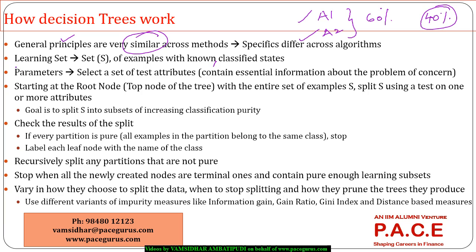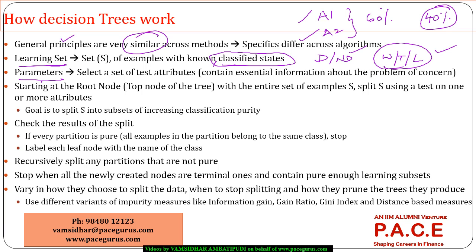So here, terminology wise, we use something called learning set, where we know the classified states. When I'm saying classified states: default, no default, right? Or win, tie, or loss. These are the examples with known classified states. So these are the three classified states here, and these are the two classified states here. So we have a learning set.